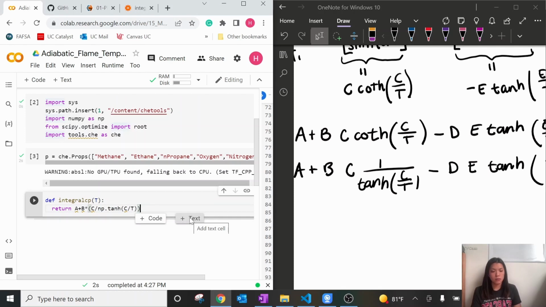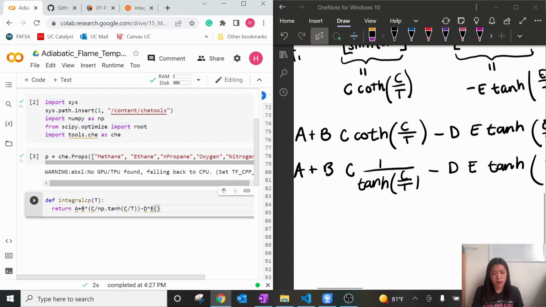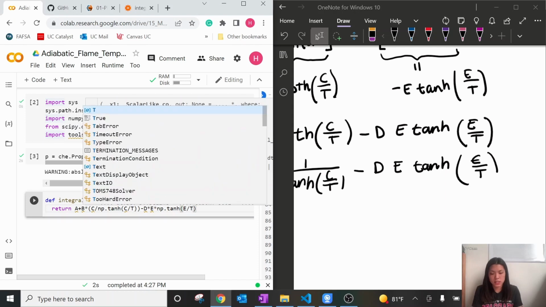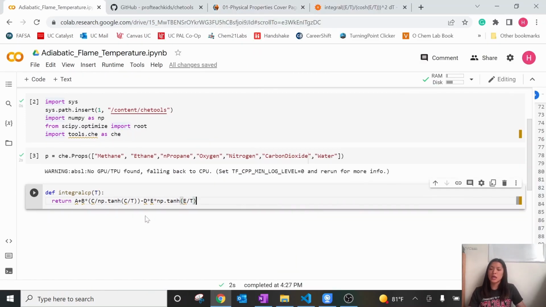And minus D multiplied by E multiplied by the hyperbolic tangent of E divided by T. So what are these variables, the A, B, C, D, and E?